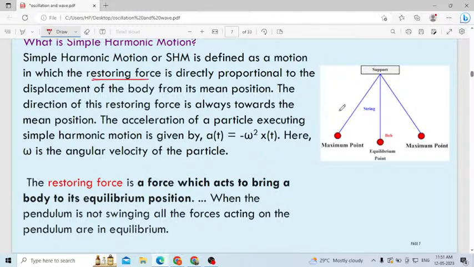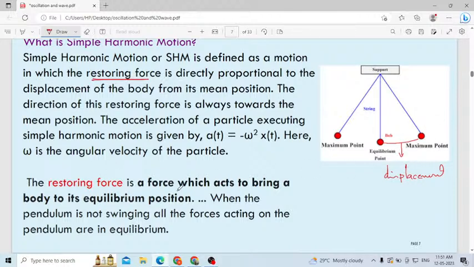Already I told you, this is the equilibrium position, otherwise the mean position. When you touch this bob, it will move to the extreme position. This is the displacement. This distance we can consider as the displacement.